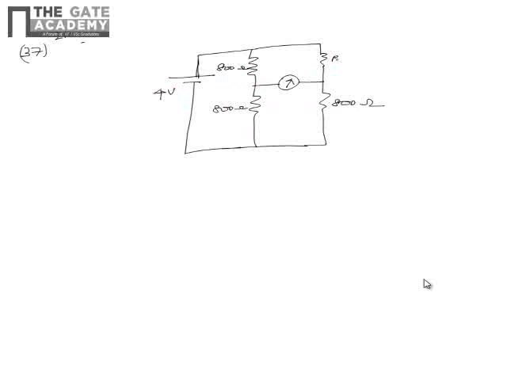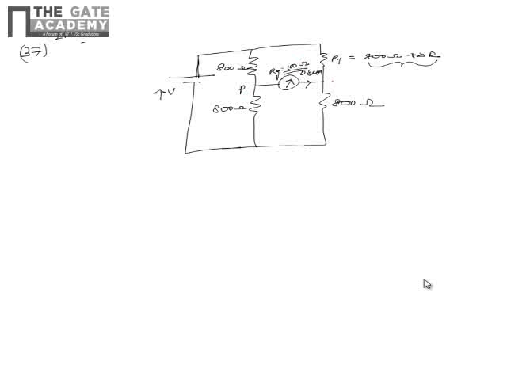If I take R1 as my transducer, which is initially 800 ohms, we need to calculate the new value, nothing but R plus delta R. The galvanometer current is given as 0.8 microamperes and the internal resistance RG is 100 ohms.